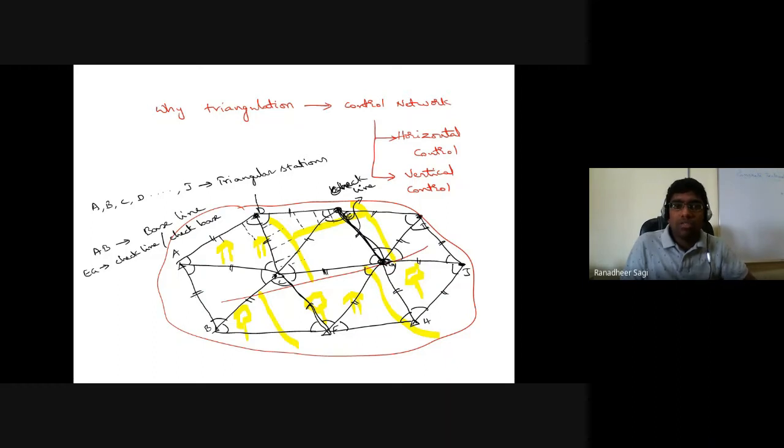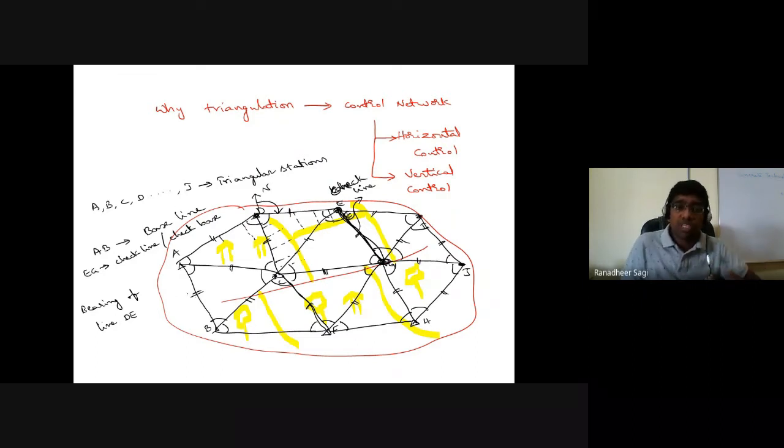How do we measure the bearing? We understand my reference north direction, and from the reference north direction I'll measure the bearing of, let's say, line DE.